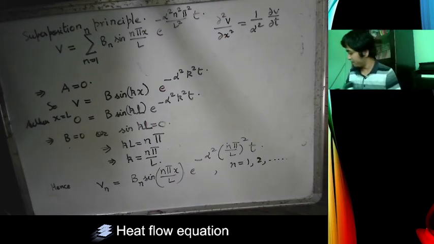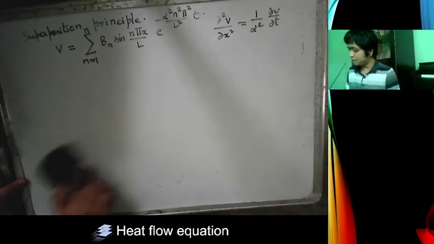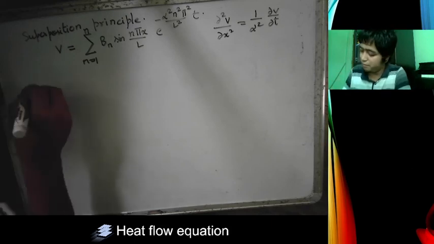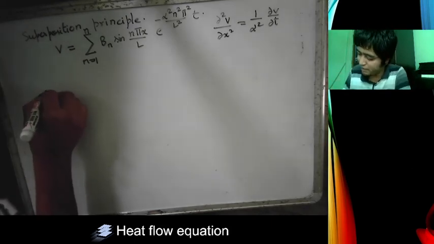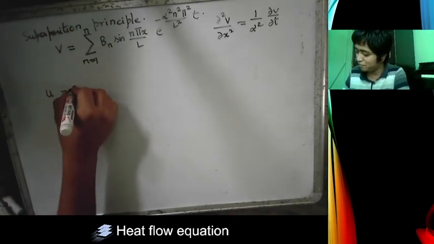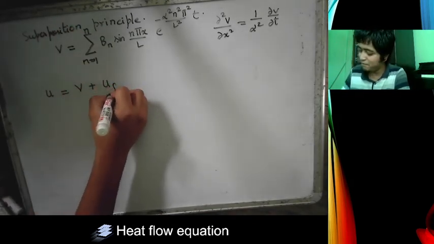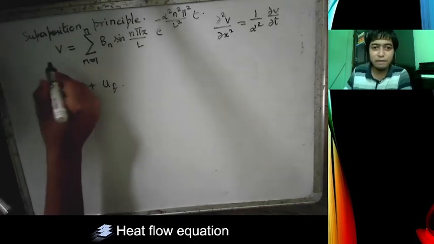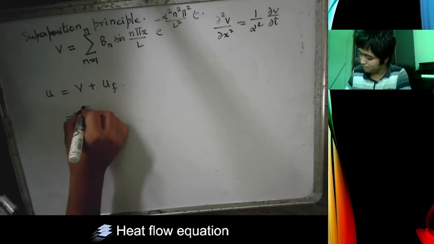Next, what will we do? We are interested in finding U. So again we will write U. It is equal to V. So U equal V plus UF. So remember that we had found out V equal to this one.